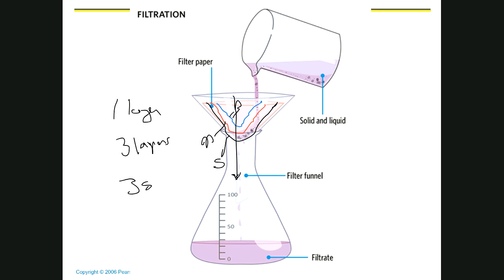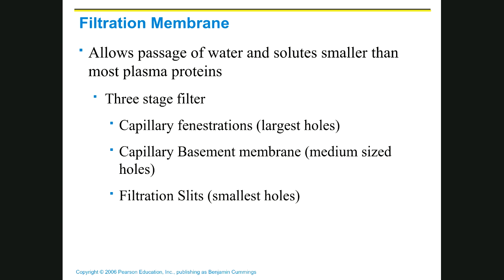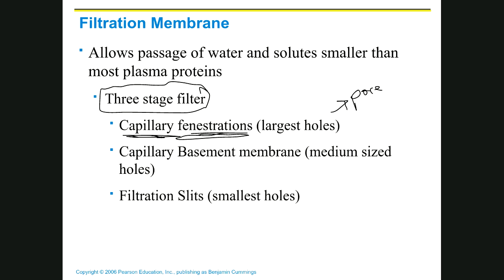And that's exactly what the filter in the kidney looks like. It's a 3-stage filter. The 3 stages are, first, capillaries. Remember, some capillaries are fenestrated. Everybody remember fenestrated capillaries? They have pores or fenestrations, and it looks like a colander or a strainer that you might have in your kitchen. So there's the largest holes. And then remember, capillaries have a basement membrane. Well, they have holes in them too, but they're medium-sized holes.